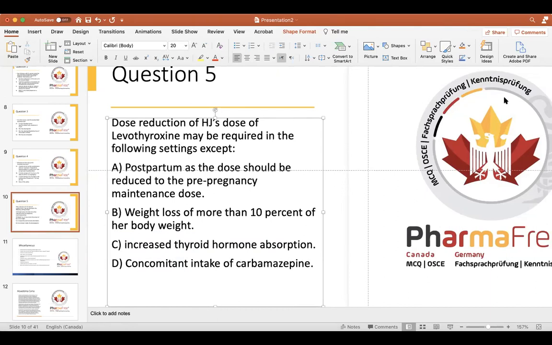Rima D, Heba D, Faid D, Ziyad A, Izz D, David D, Leah D. So all are D except Ziyad, who went for A. Postpartum as a dose, yes.